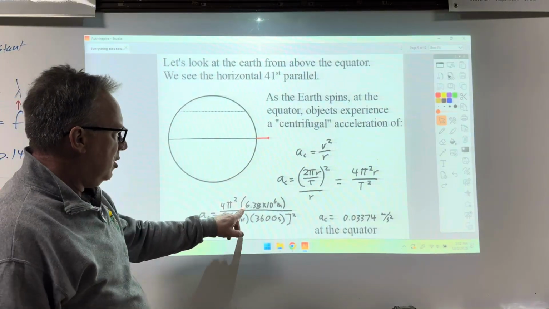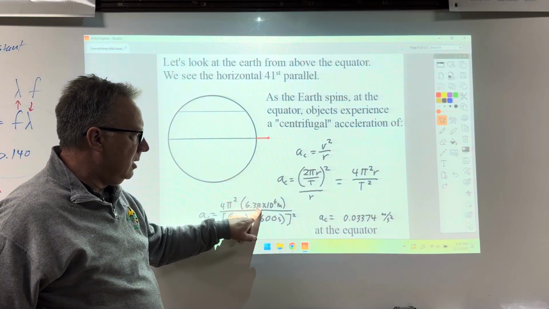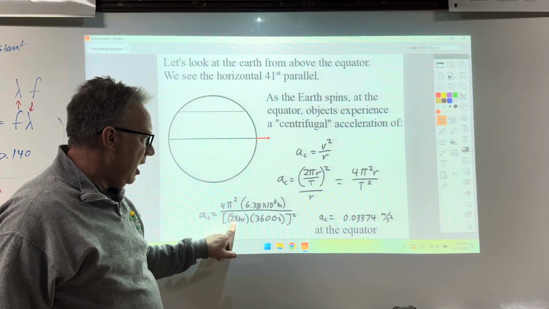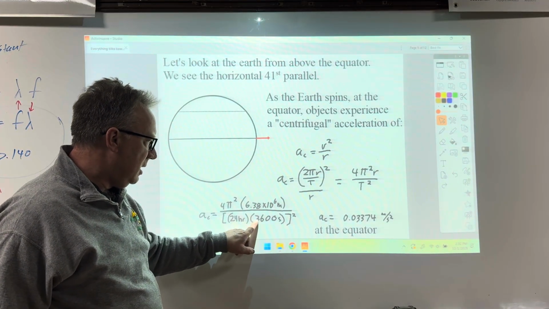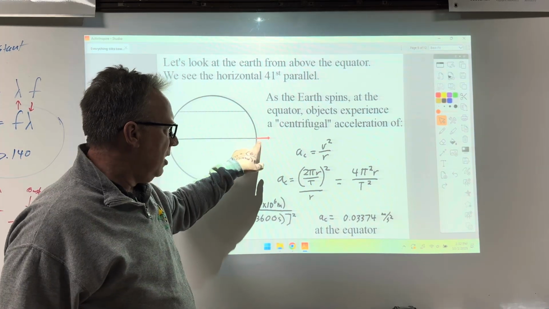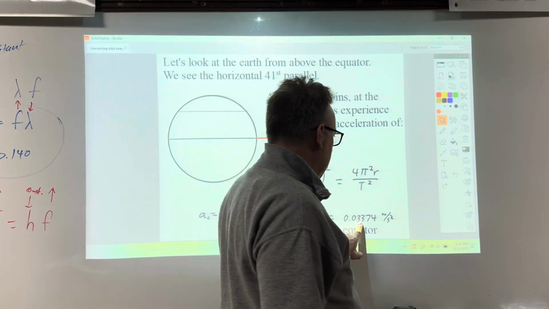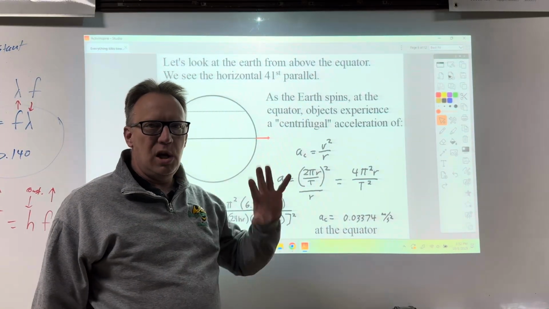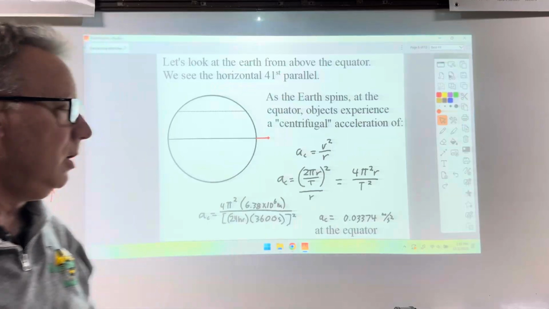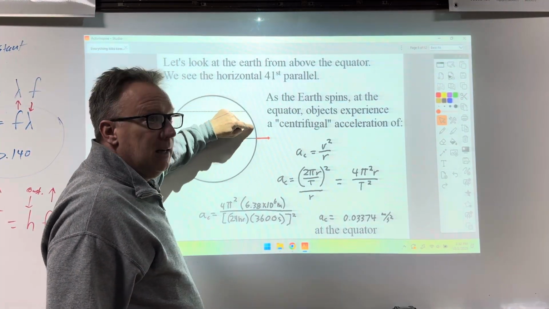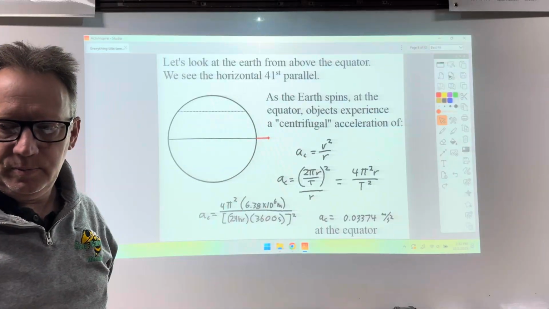The radius of the Earth is about 6,380 kilometers, so 6.38 times 10 to the 6 meters, and 3,600 seconds times 24 hours in a day, and then square that. That acceleration works out to be 0.03374 meters per second squared-ish at the equator. But it's 0 at the poles, and it's less everywhere in between.